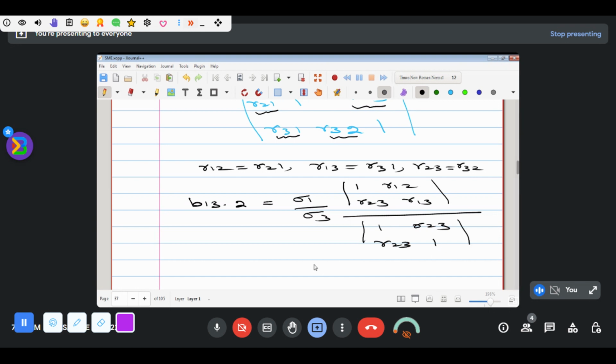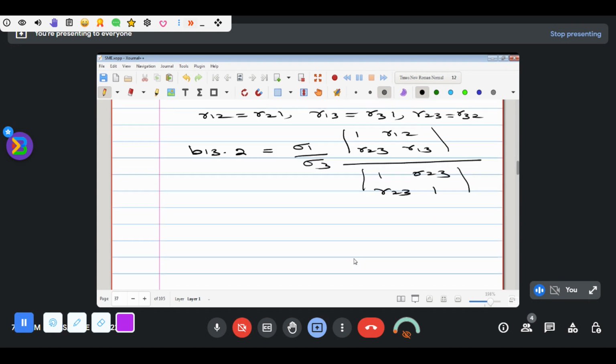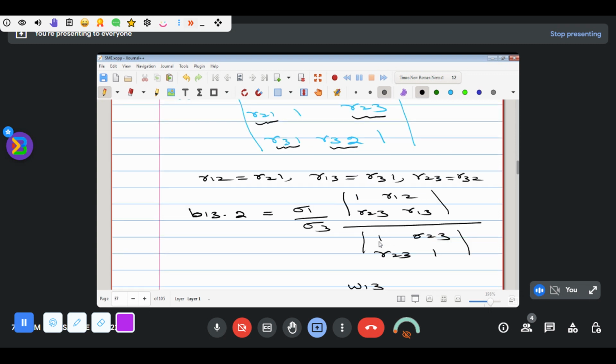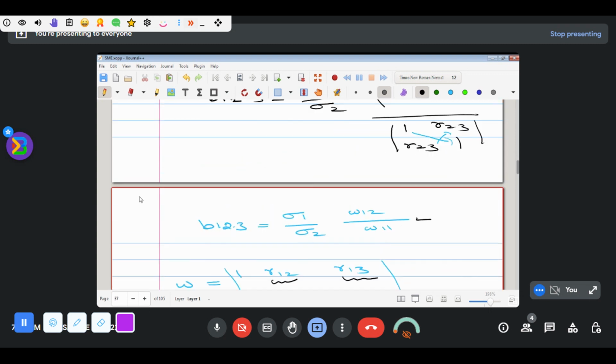Rewriting in the other format, p13.2 equal to sigma 1 divided by sigma 3 into W13 divided by W11. These two are the plane regression coefficients.